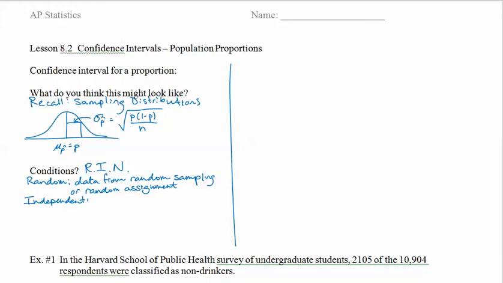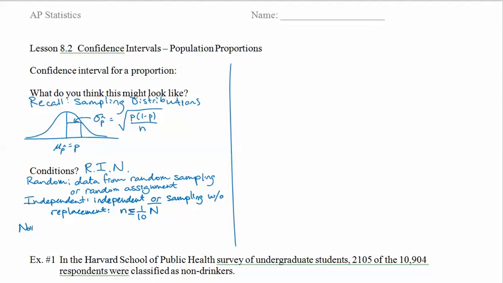So for independence, the samples must be independent, or if we're doing sampling without replacement, we have the 10% condition, so sample size must be less than or equal to 1/10 of n.